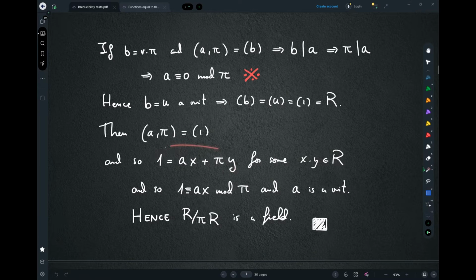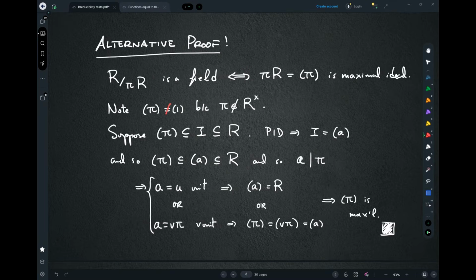If you throw this in the quotient of R modulo pi, then what do you get? You get that 1 is congruent to A times x modulo pi, and then this x in R is the inverse of A modulo pi, and therefore A is a unit in the quotient R modulo pi, and therefore R modulo pi is a field.